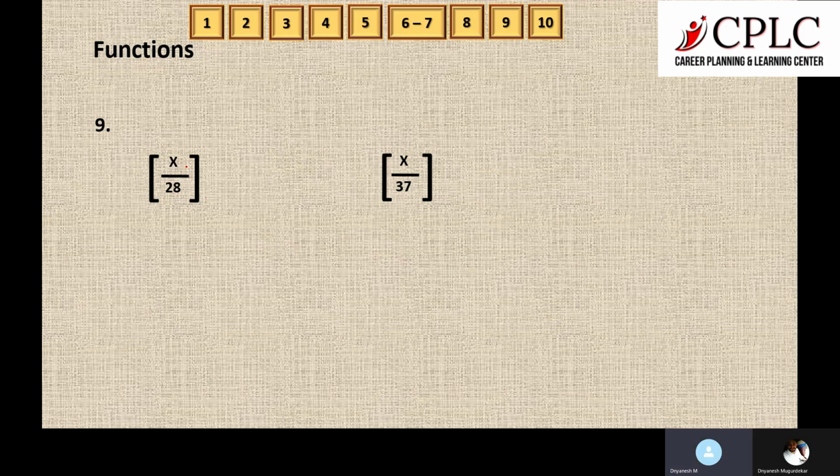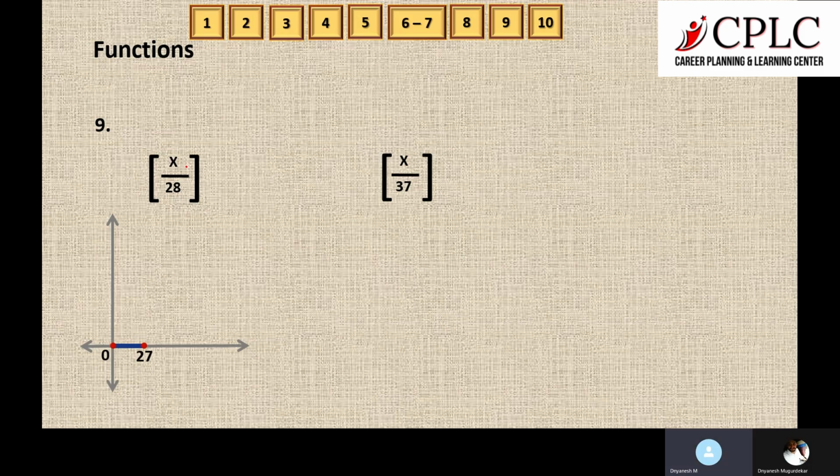And the output for that will still be 0. But the moment I substitute x as 28, this becomes 28 upon 28, which is 1. And the output of that will be 1. So clearly there is a pattern. The output will be 0 whenever x is 0 to 27. The output will be 1 if x is 28.